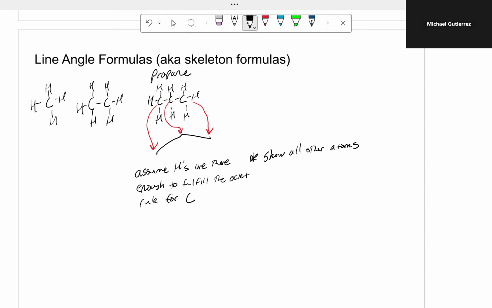So for example, let's say we wanted to show the line angle formula for this compound. Again, we're just going to use these zigzag lines for 3 carbons. So 1, 2, 3.